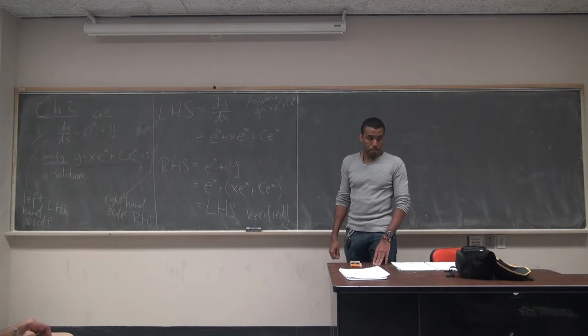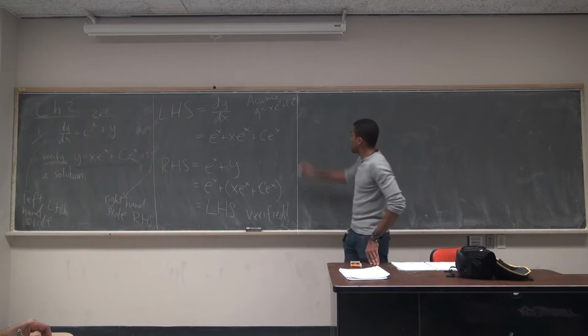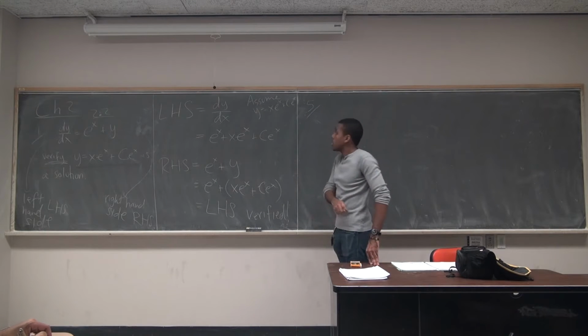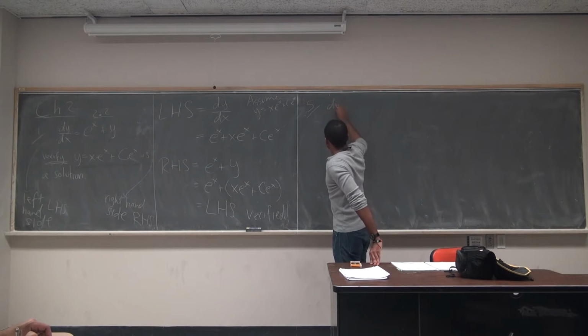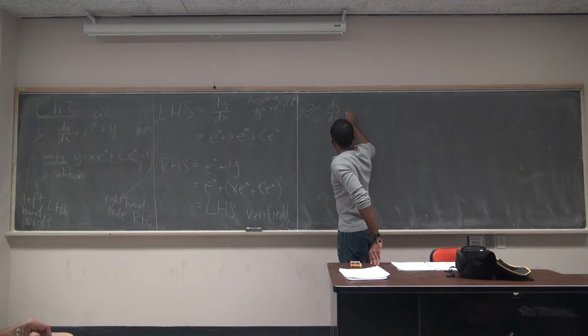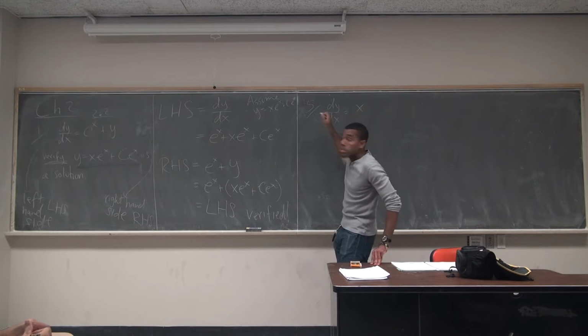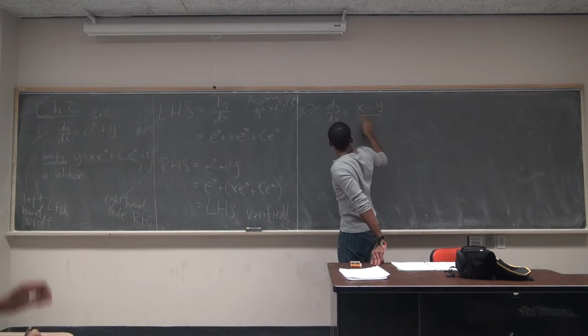I mean, it's pretty much negated the entire chapter because we needed help with one side. So, what does that say? dy/dx is equal to x minus y over x plus y.